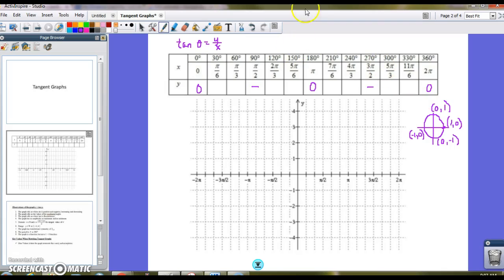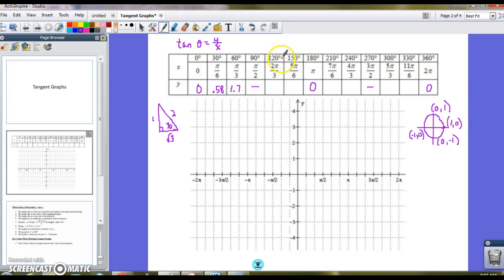Pi over 6, right? We get these out of our special right triangle, our 30, 60, 90 triangle. And if I were to draw that out, here's 30, here's 1, 2, and root 3. So the tangent of 30 is root 3 over 3, which as a decimal is 0.58. And again, the only reason I'm using decimals is because it's easier to graph. 60 would be 1.7.